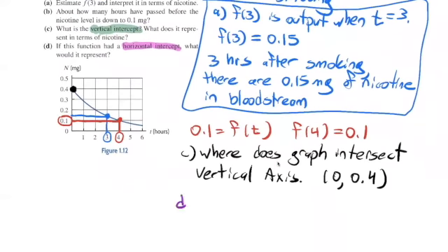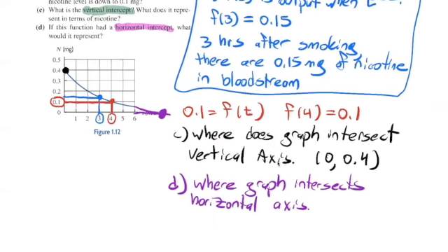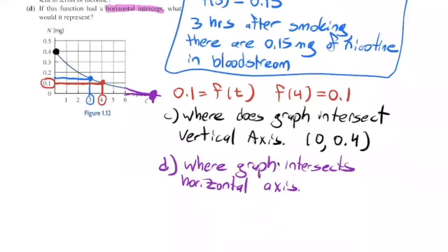And last but not least, the horizontal intercept. We don't know where that is since we don't see it, but it would be the place on the graph where the graph crosses the horizontal axis. Maybe that's this point out over here.